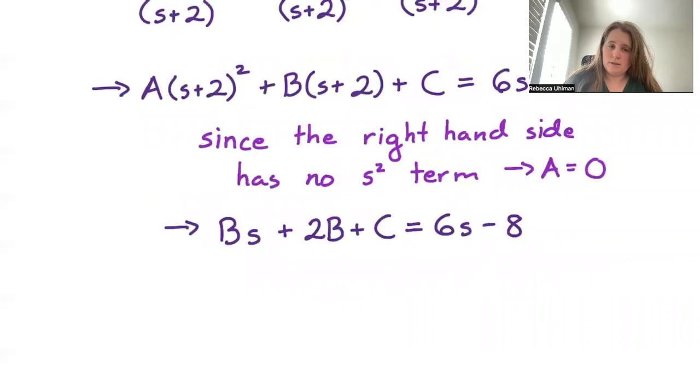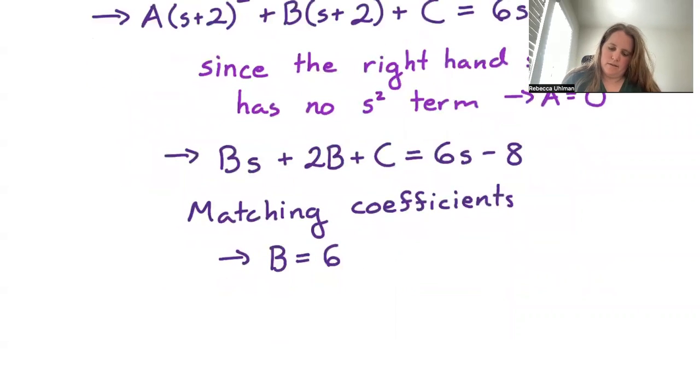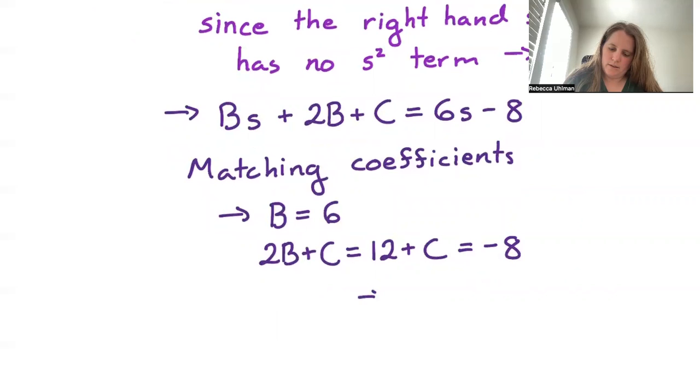Matching coefficients, we get that B should be equal to 6. And then 2B plus C, or 12 plus C, should be equal to negative 8. And that therefore means that C should be equal to negative 20.